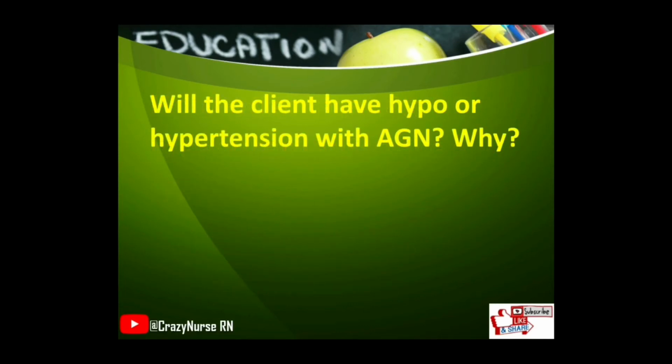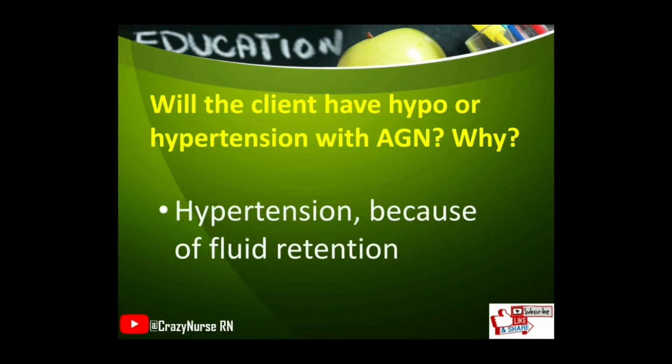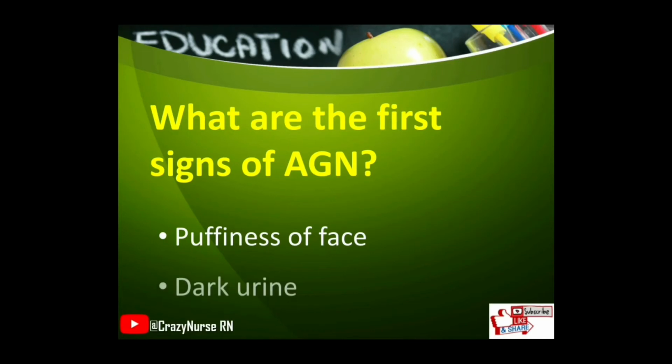Will the client have hypo or hypertension with AGN, and why? Hypertension because of fluid retention. What are the first signs of AGN? Puffiness of face and dark urine.